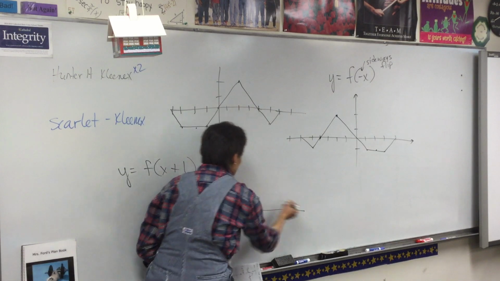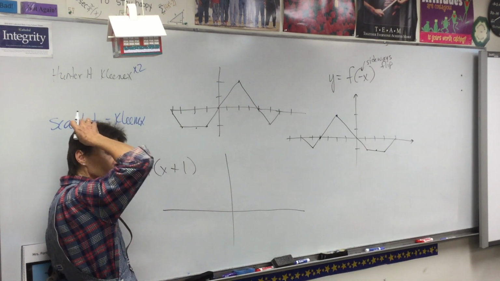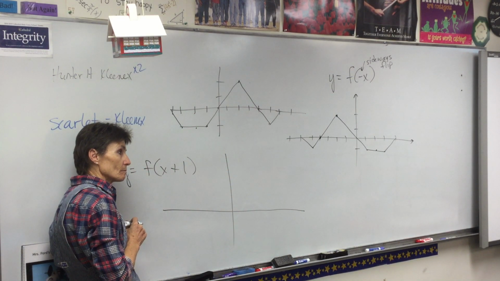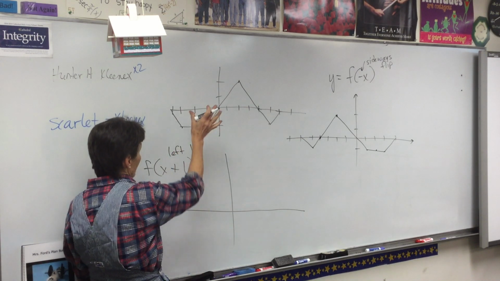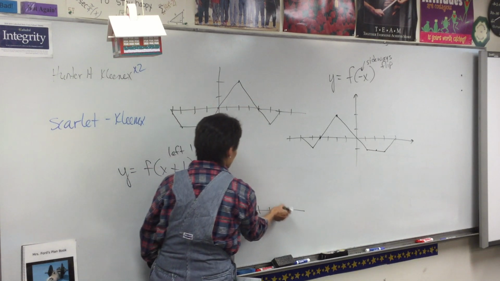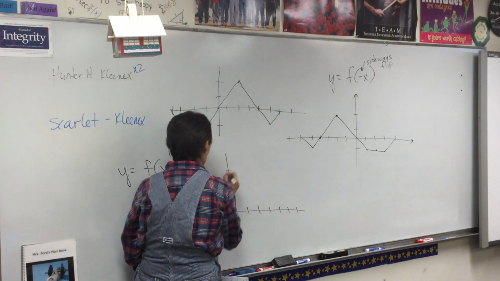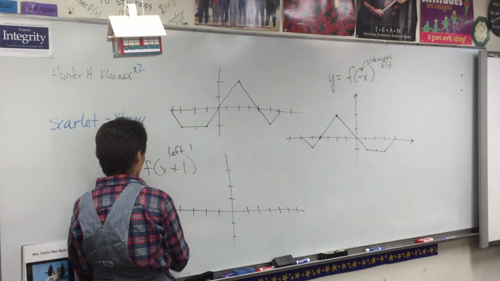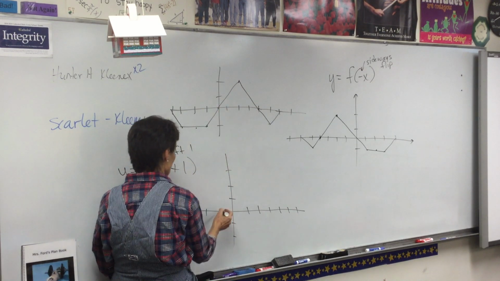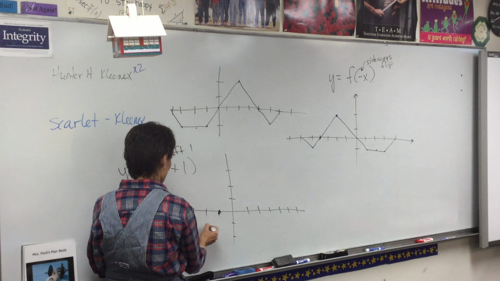All right, what happens in this one? Left one. So we're going to take our original picture, always go back to the original, and we're going to move everything left 1. So our trapezoid, instead of starting at the origin, is going to start over here.